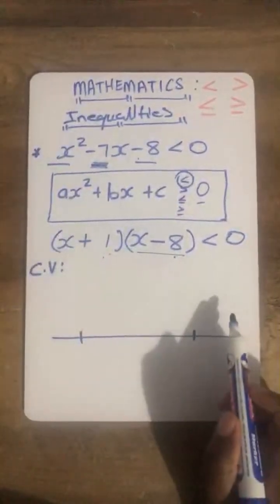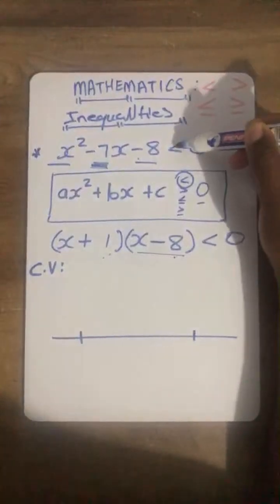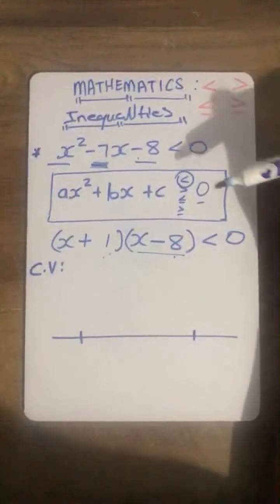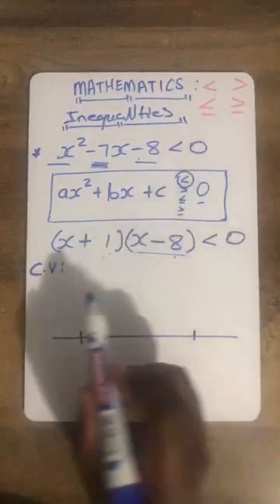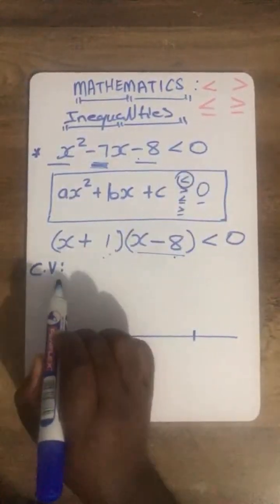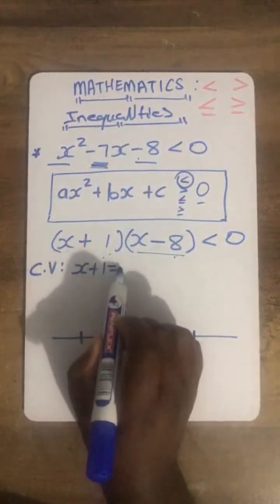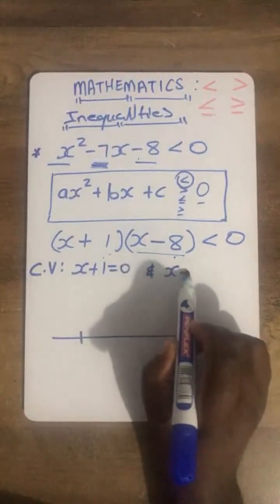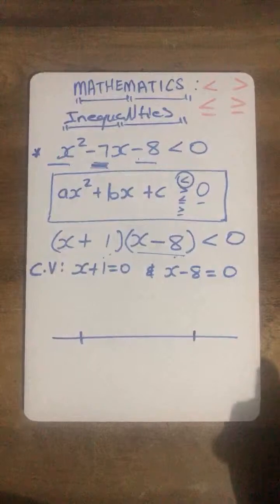Remember, the original problem had the less than sign there, and you continued with the less than sign. But when you come to critical values, it gives you the permission to now equate that to 0, and again you take that, you equate it to 0.